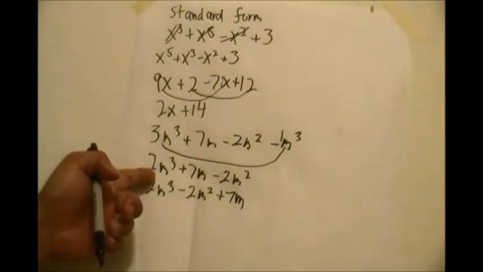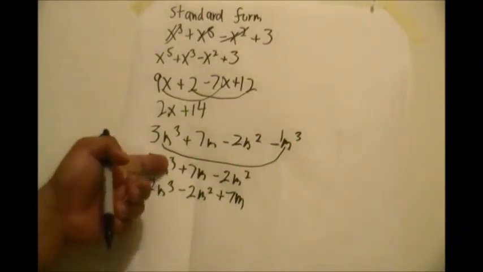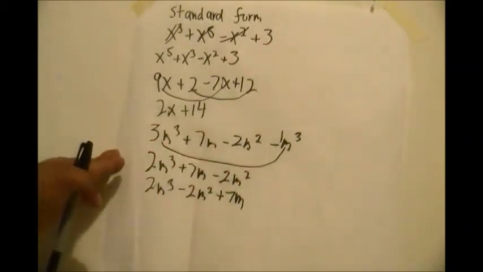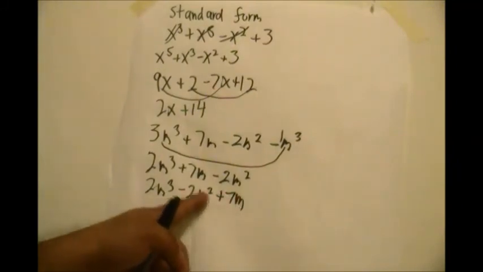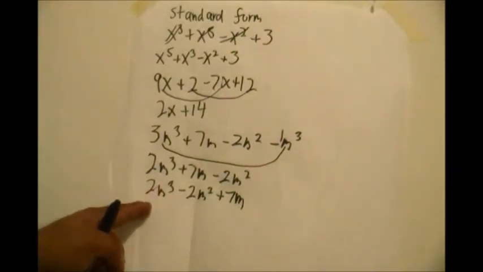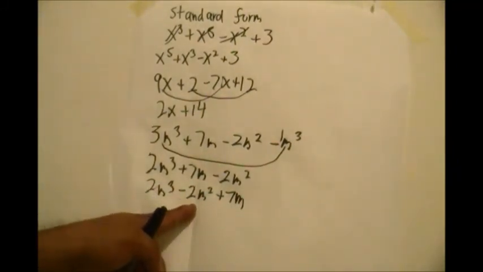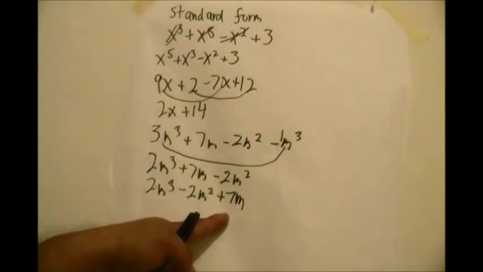You see right here, m cubed is bigger than the other two, so that's okay. But m is smaller than m squared, so that's why you have to bring it over. So that's why it becomes 2m cubed minus 2m squared plus 7m.